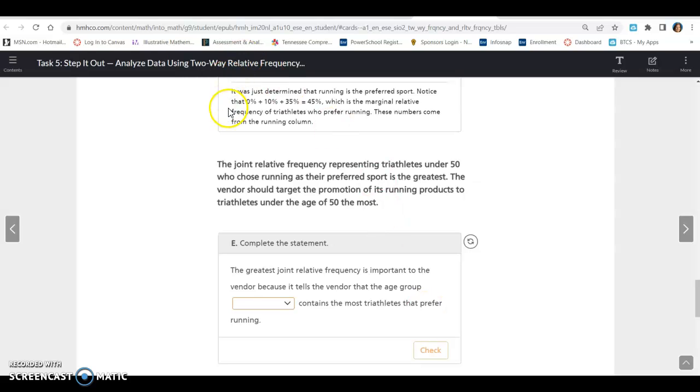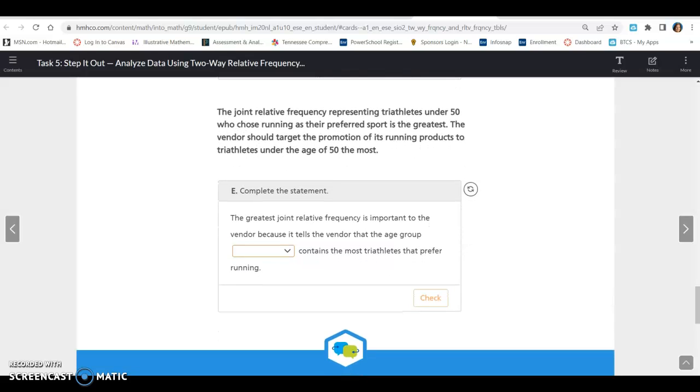Okay, and here's what they said. It was determined that running is the preferred sport. So those three numbers together equal the 45%, which is the marginal relative frequency of those who preferred running. So those numbers come strictly from the running column. The joint relative frequency representing triathletes under 50 who choose running as their preferred sport is the greatest.